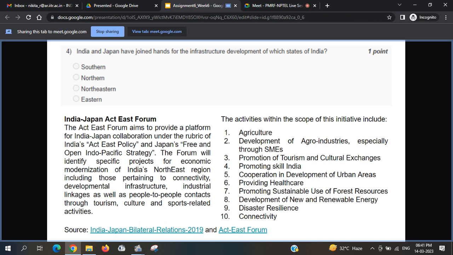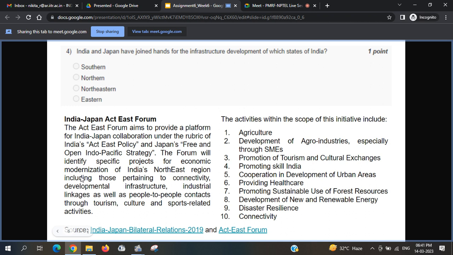India's Act East policy is an initiative which includes development and opening of the economy and creating more economic opportunities of the northeastern states of India. And Japan's free and open Indo-Pacific strategy follows along the same lines of opening the economies, creating more sustainable and independent economies in the Indo-Pacific region.